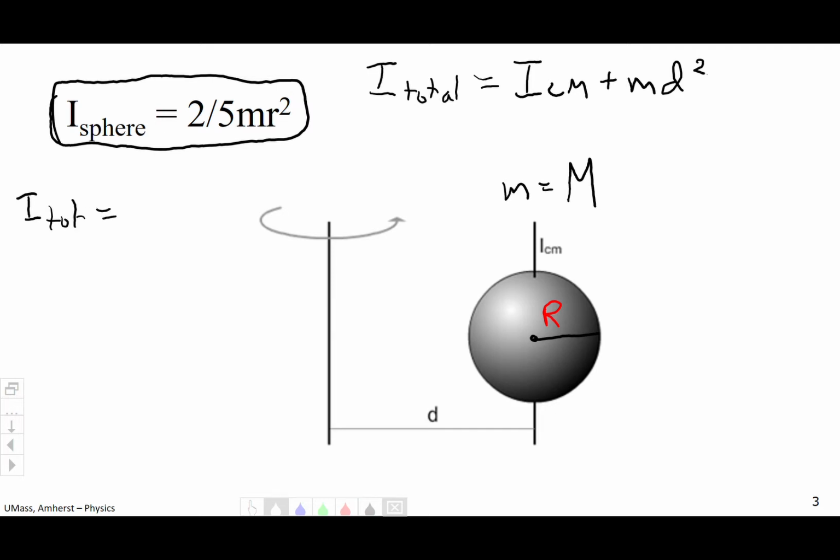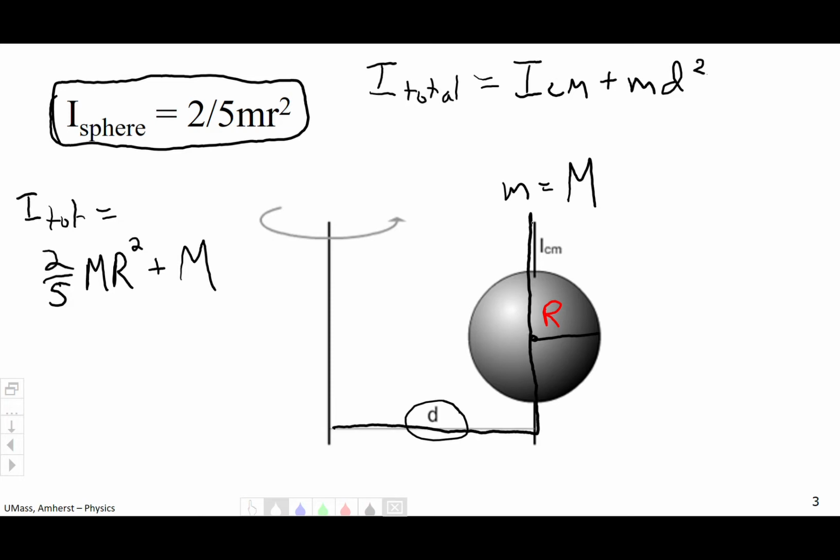Okay, so the moment of inertia around the center of mass is 2/5 mr squared, plus the mass, which is capital M, and then the distance to the center of mass, which they've already given us. So it's the distance from the axis that goes through the center of mass, not the distance from the surface of the object to the new axis.